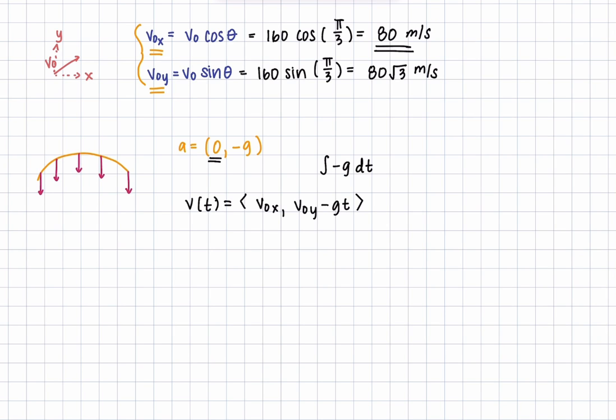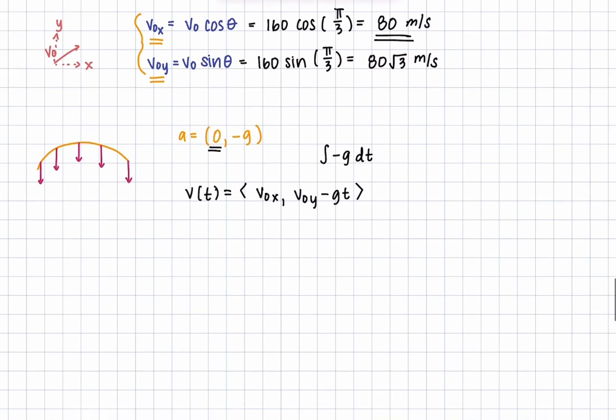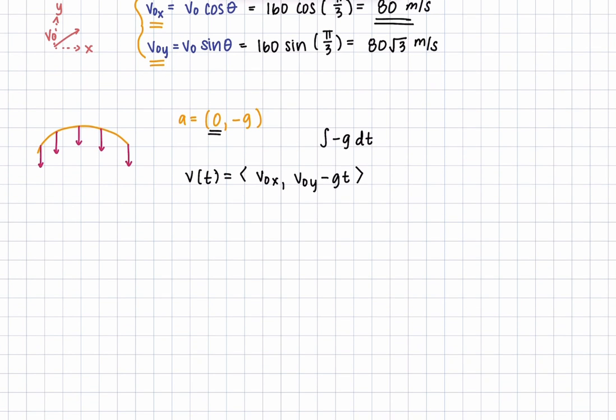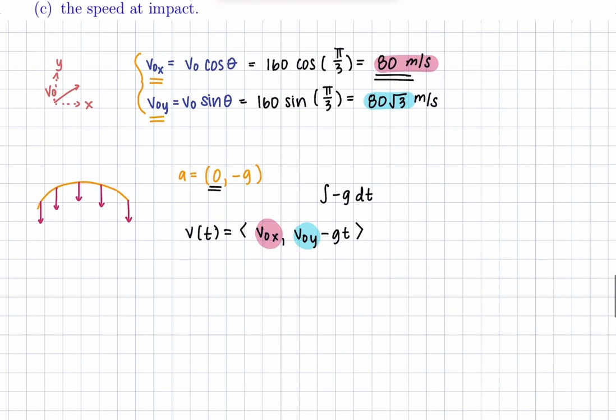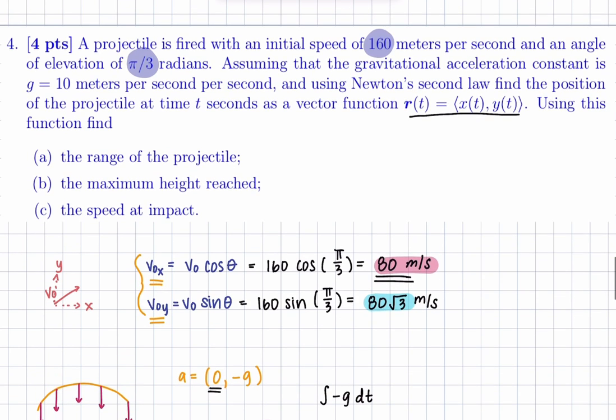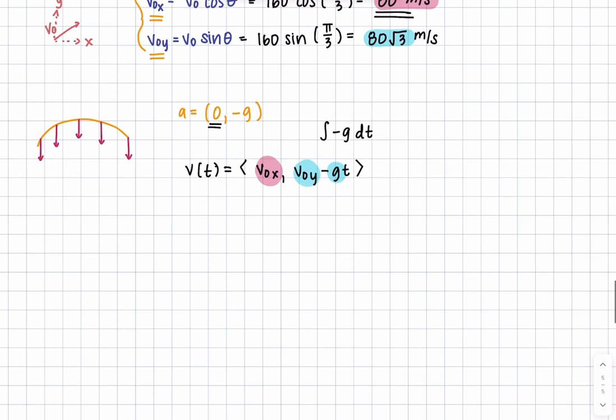Now that we're here, we can plug in our values. We know that v naught x equals 80, v naught y equals 80 root 3, and our g value is 10 from the question. So v of t equals 80, 80 root 3 minus 10t.